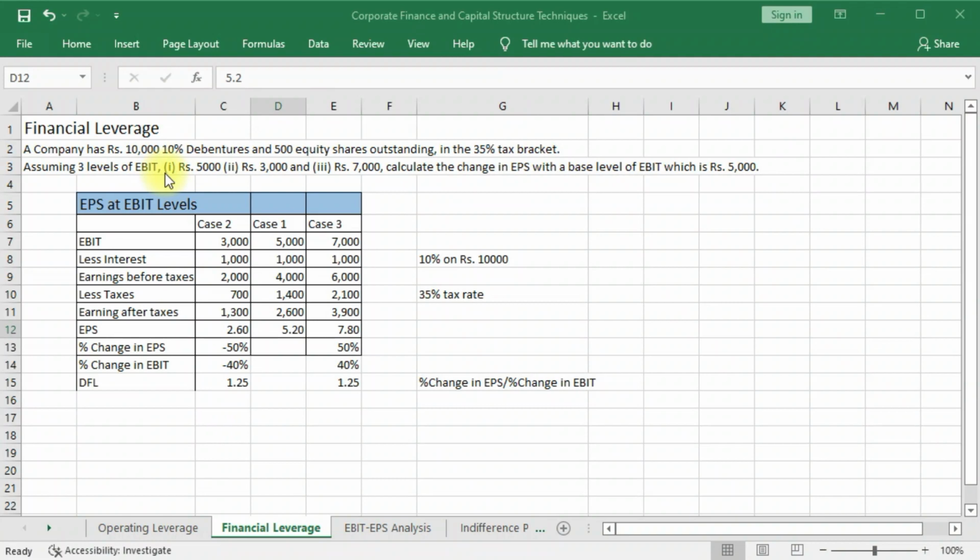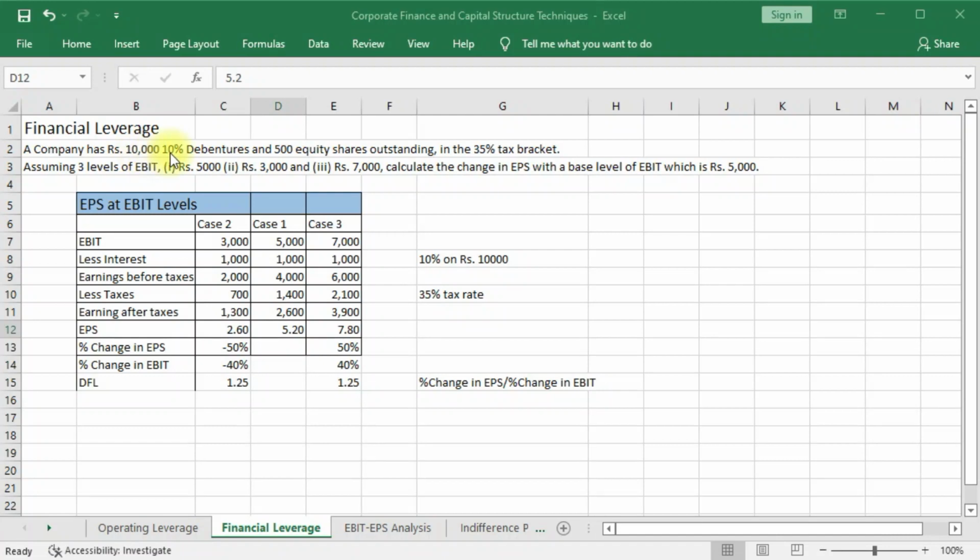Assuming three levels of EBIT, which are 5,000, 3,000 and 7,000, calculate the change in EPS with a base level of EBIT of rupees 5,000. So we'll take the base calculation as 5,000.